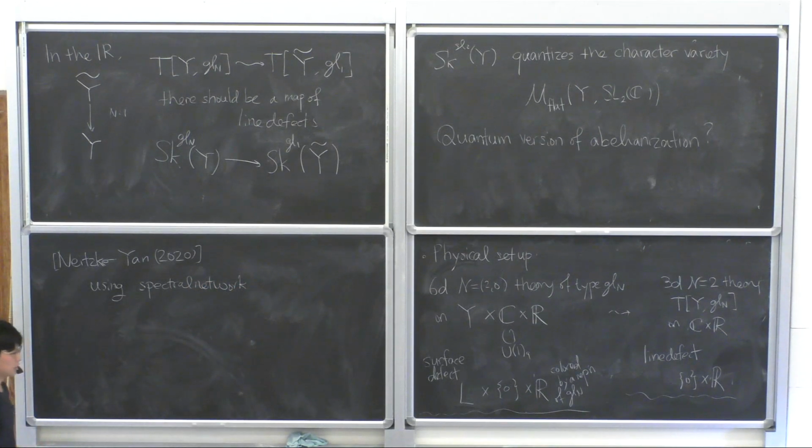Basically their construction is by counting certain flow lines given by the WKB foliation on the Riemann surface.